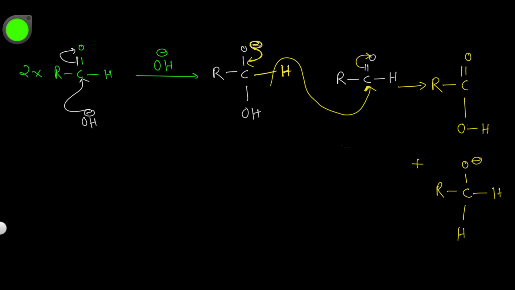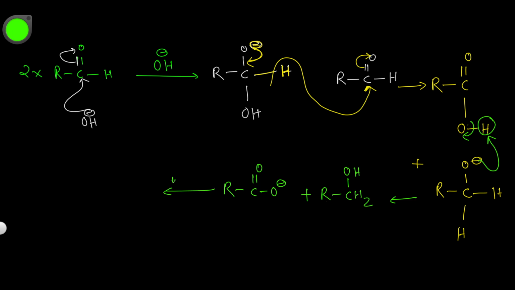Then this O minus will take the proton from this acid, and you will find something like this, RC double bond O minus, plus RCH2OH.